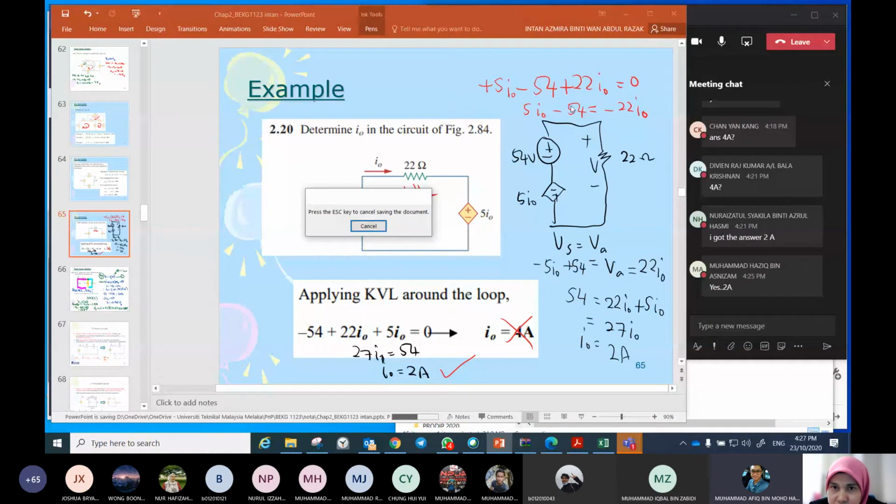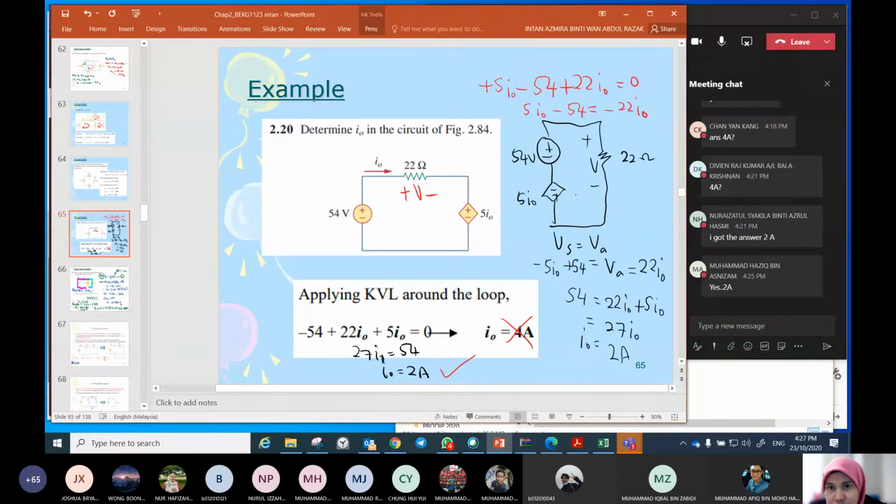Yeah, of course. If you want to put equal to, yes, like this, V supply is equal to V absorb, right? This is V supply. This is V absorb. But this equation is equal to what?